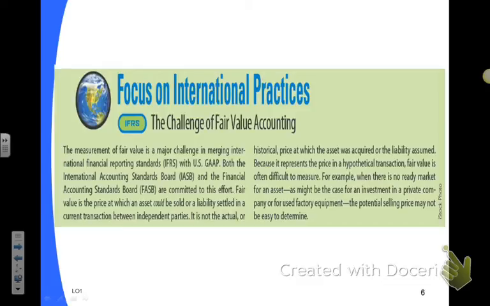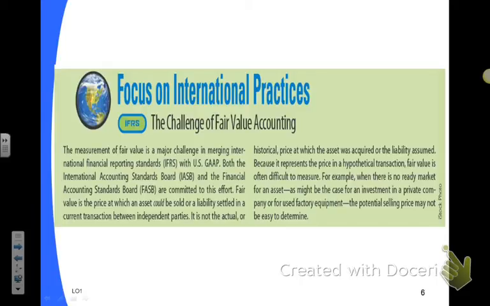Internationally, many businesses use international financial reporting standards. They're trying to see if they can get them to be the same or close to the same, but there are still differences. And so they're both working towards establishing a commonality in terms of the valuation issue.